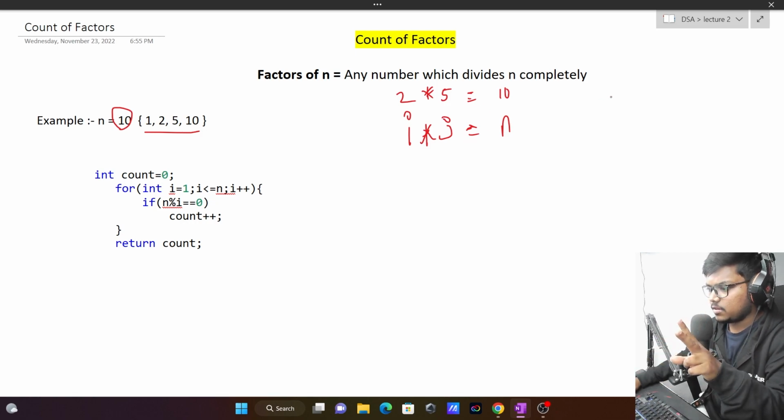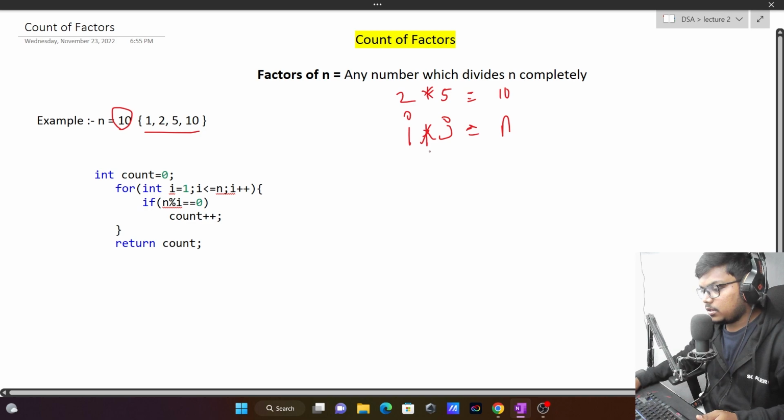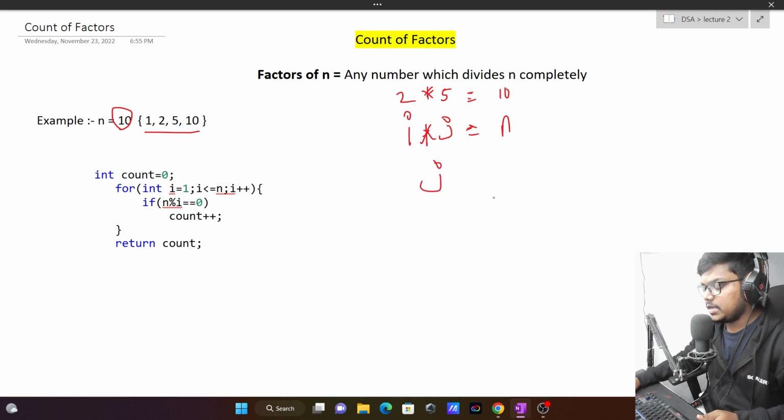Take anything. For example, if n is equal to 24, can I say that 3 and 8 are factors of 24? These both are factors of 24. If i into j is equal to n, then j is equal to n by i.